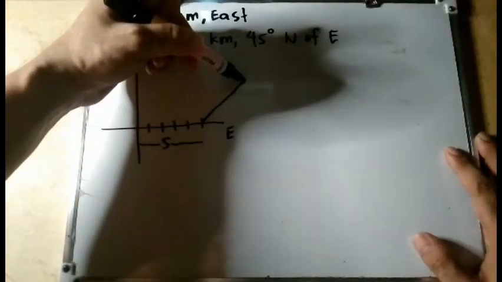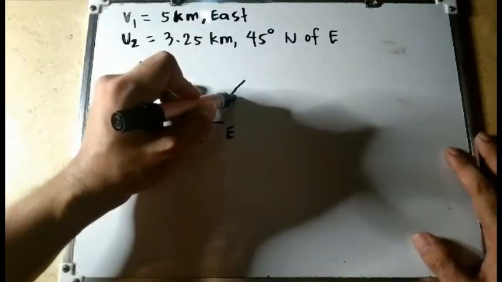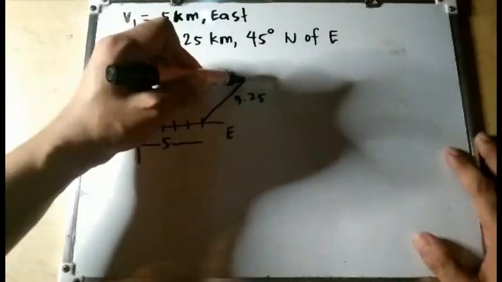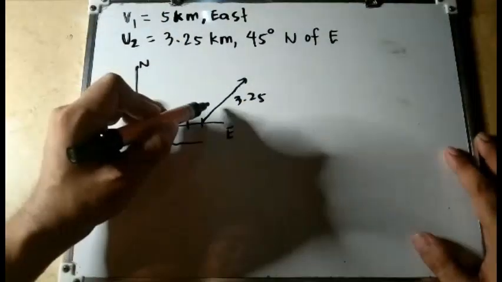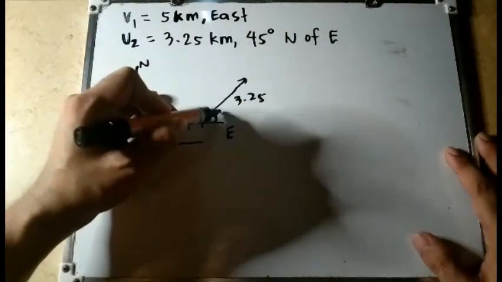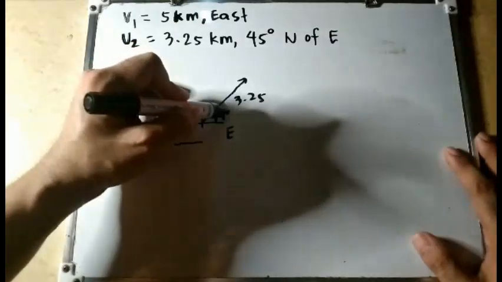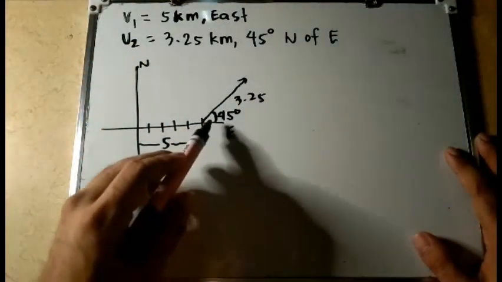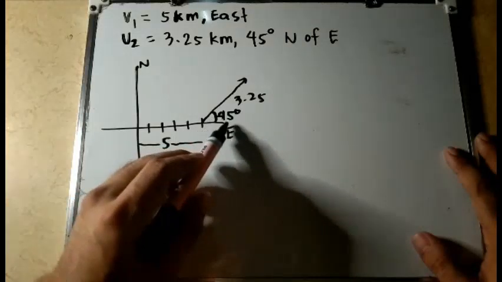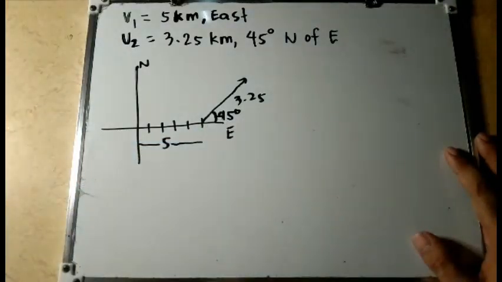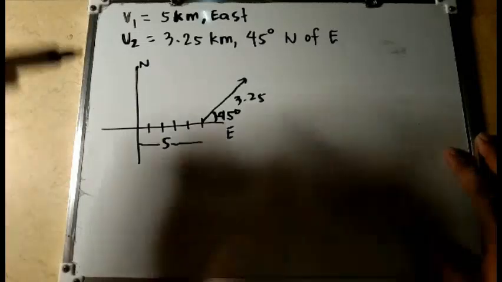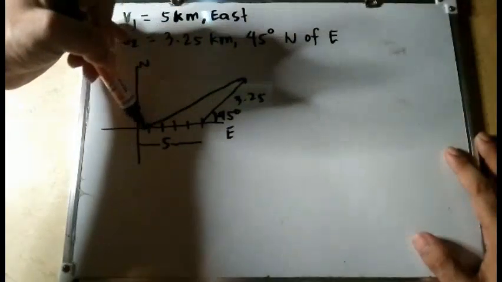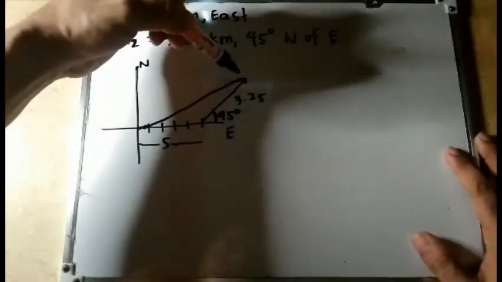Okay. This one. We have 3.25 here. So 3.25, and this is the 45 degrees. So from east to north or north of east. So this is the resultant vector. Okay, we want to find out what is the resultant vector.